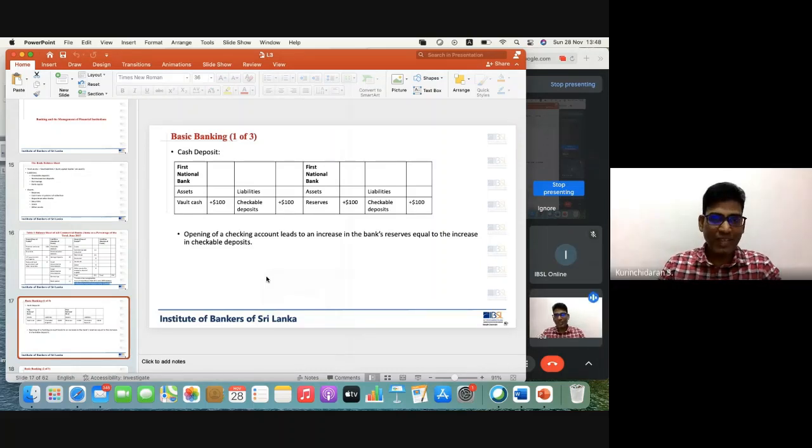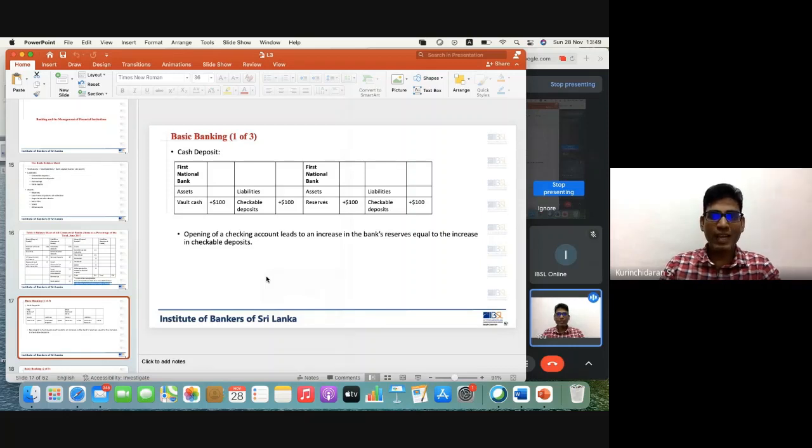So then what will happen is, you have $100 worth of deposits. As per the central bank's regulatory requirement, you have to maintain a reserve equal to that. Let's assume it's 100%.